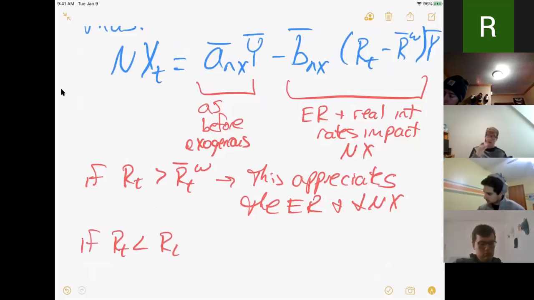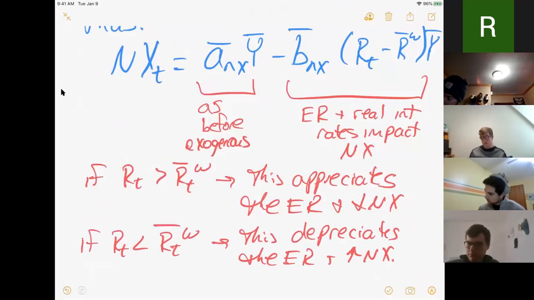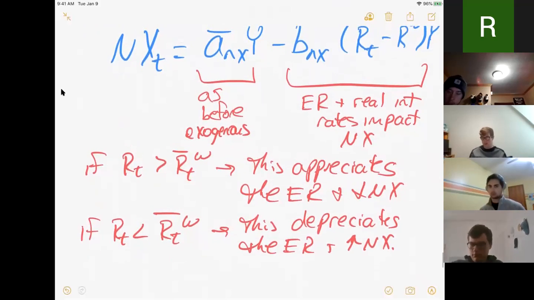And what happens if real interest rates are below world interest rates? This depreciates the exchange rate and increases net exports. Okay, we see how that works?